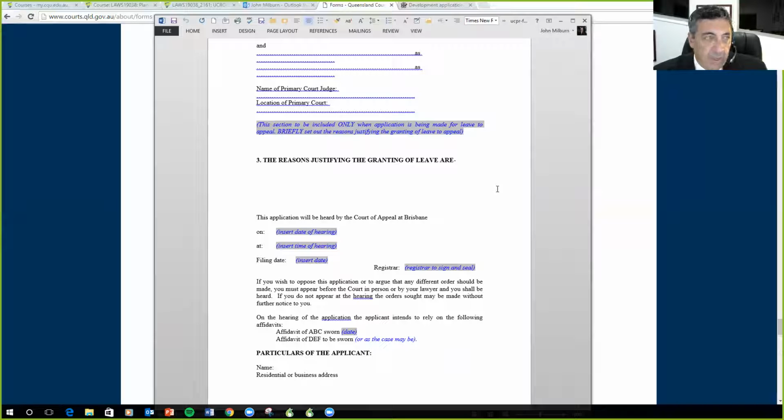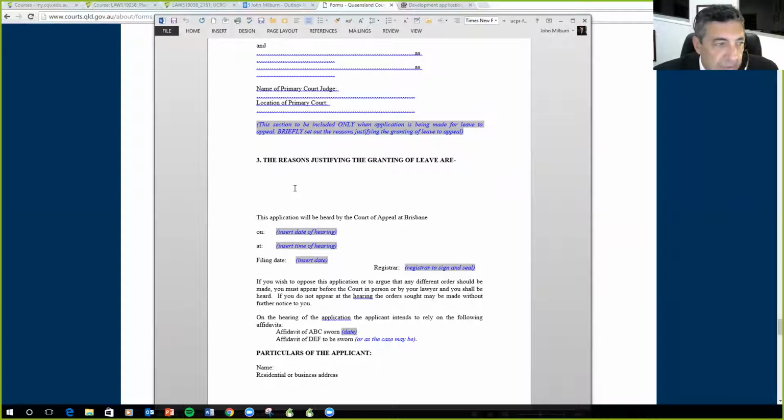As I said before, the Court of Appeal will only consider certain matters. You need to show good reason why the Court of Appeal should consider your particular matter. So in Part 3, you need to include the reasons justifying the granting of leave and set those out.